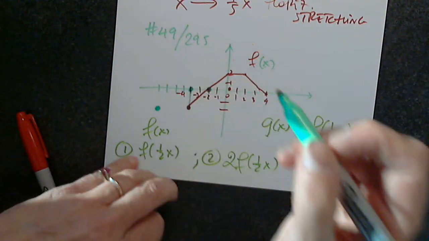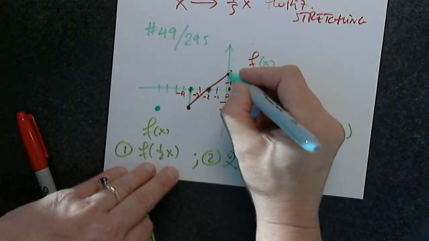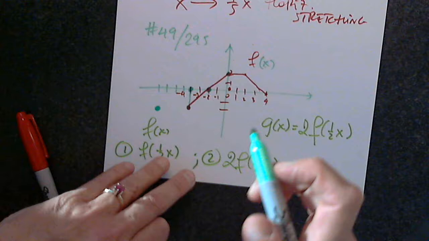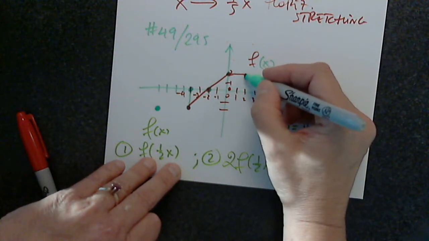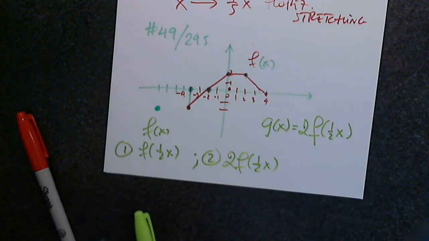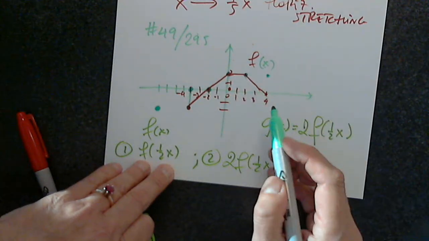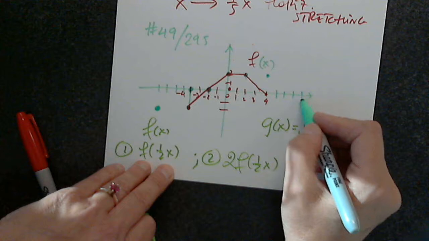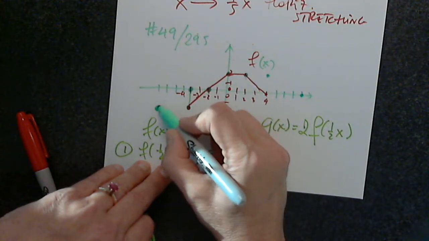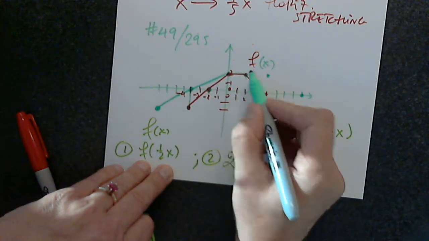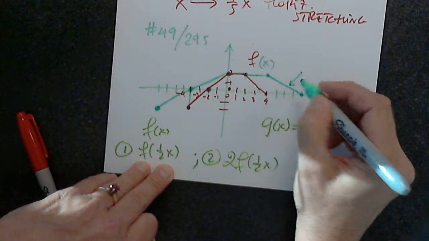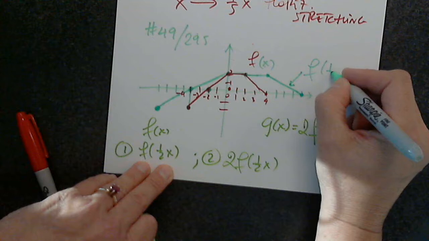Excellent. This point has x equals 0. Where does it go? Stays at 0. Awesome. This point is at x equals 2. Where does it go? Excellent. And this point is at 4. Where does it go? Excellent. Here is the graph. The green graph is f of 1/2 x.